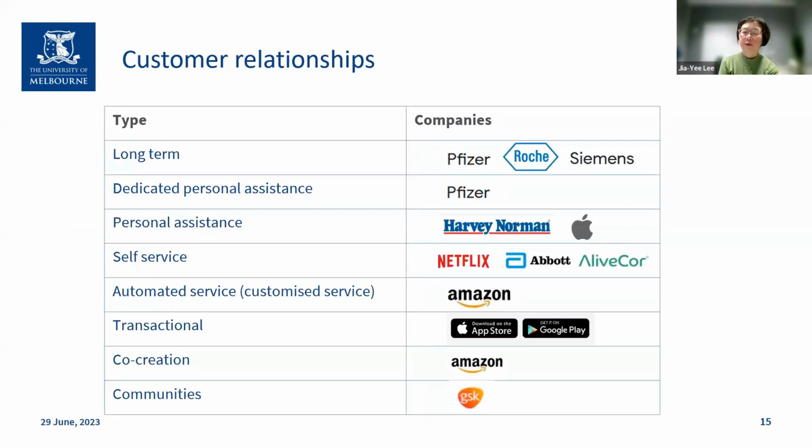So there are many different types of customer relationships, and rather than go through each of those in that table, I'll just give maybe 3 or 4 examples. You can have long-term ongoing relationships with your customers through a sales force. Pharmaceutical companies do this very well.